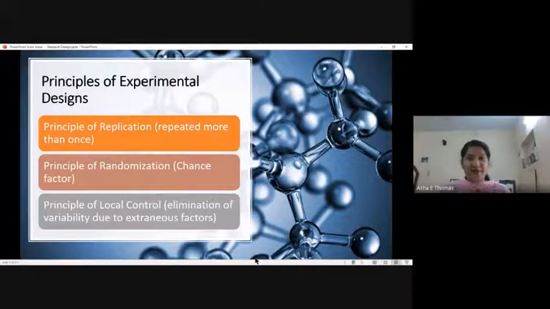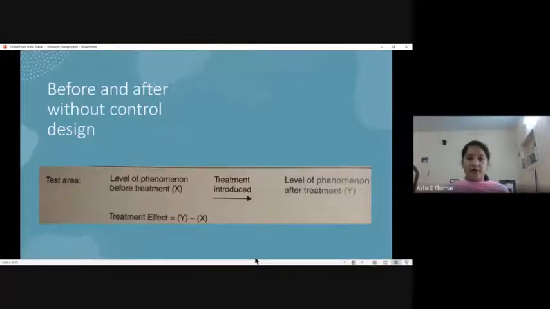So naturally, I am eliminating the difference due to variability in IQ. At the same time, I'm applying the principle of randomization. So that's what we say. These principles should be applicable with respect to experimental designs. It should be applicable to all designs we are discussing today in our class.